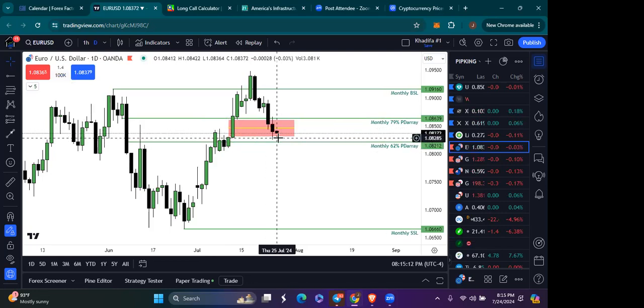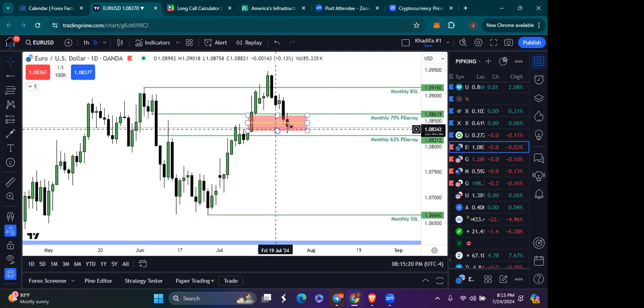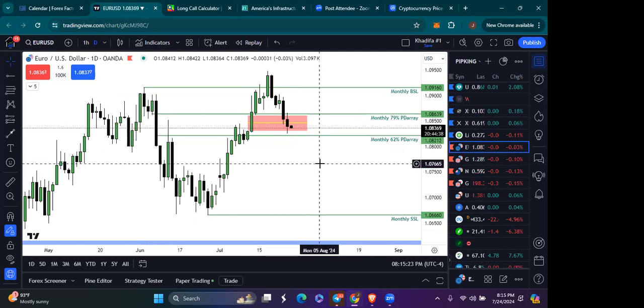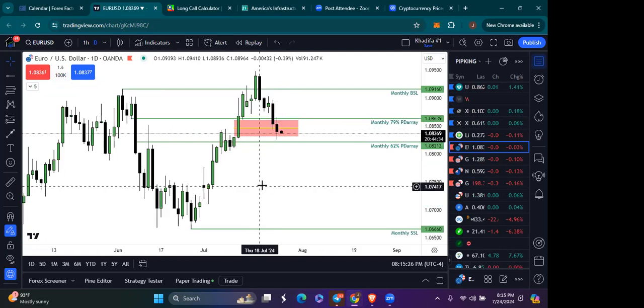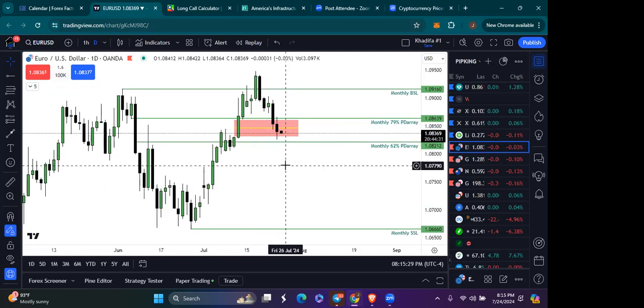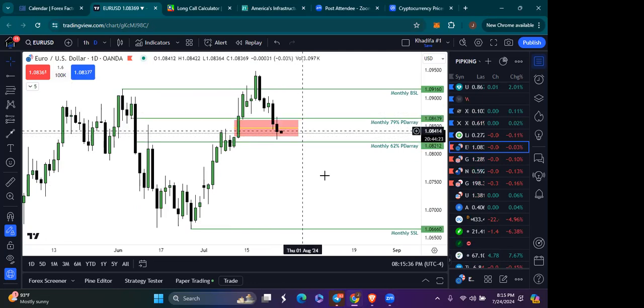So what I'll be paying attention to is how Euro USD reacts to this level throughout the rest of Asian markets tonight and going into London. Same thing as with DXY. I need to see some confirmations, right? Meaning I need to see us aggressively breaking and closing below the daily fair value gap, or breaking and closing above it.